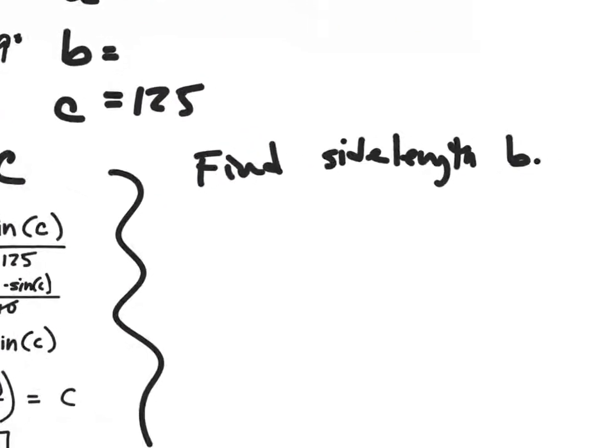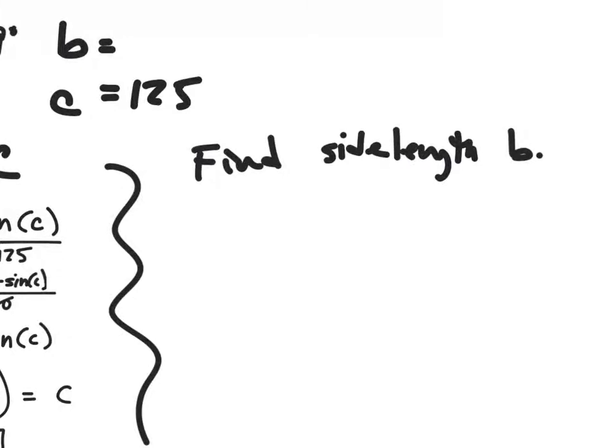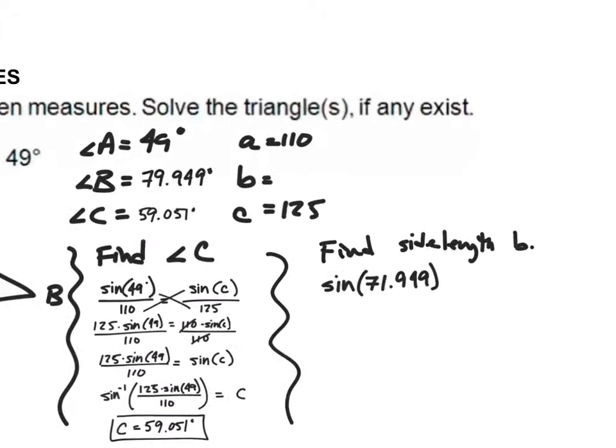So let's do this. Let's do sine 71.949. Did I write down 79? Dang it.